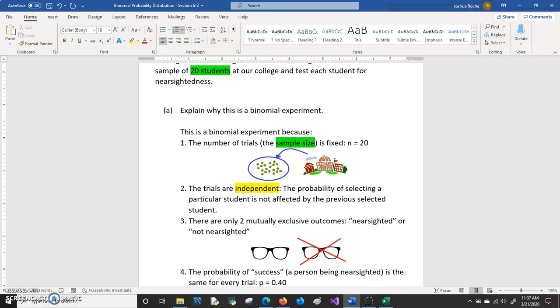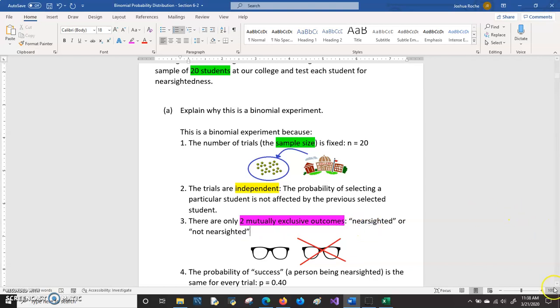So if I pick student A, the next time I pick another student, that previous selection has no impact on who I choose next. The third reason that this is a binomial experiment is that for every student that is selected, there are only 2 mutually exclusive outcomes. In this case, either the student is nearsighted or is not nearsighted.